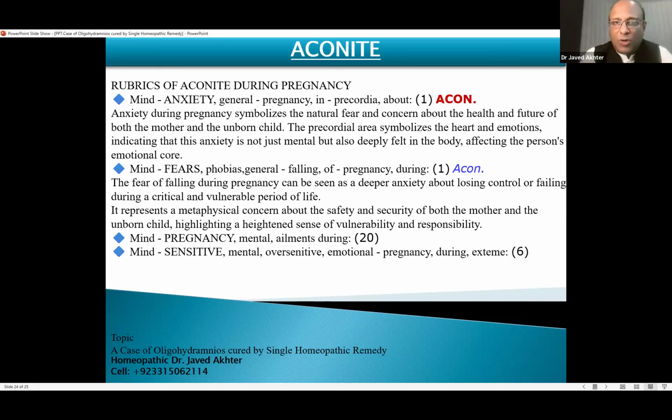Basically, here is a very important thing: why do patients feel falling? Falling may not mean any accident or anything else; during pregnancy the patients have severe fear. Normally, patients are asked, do you have any concern?